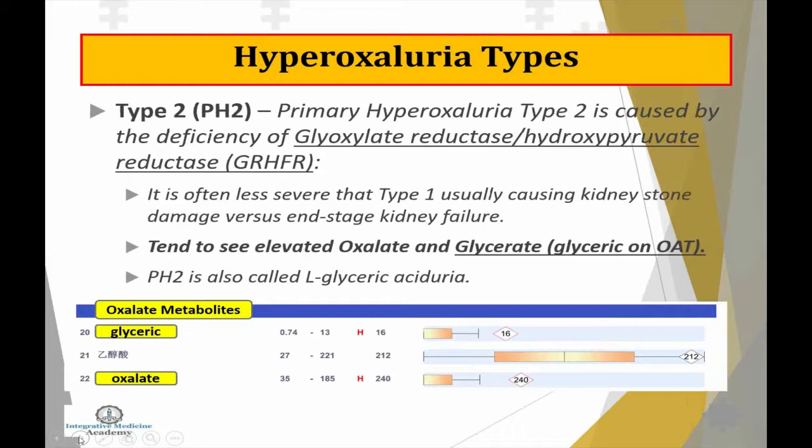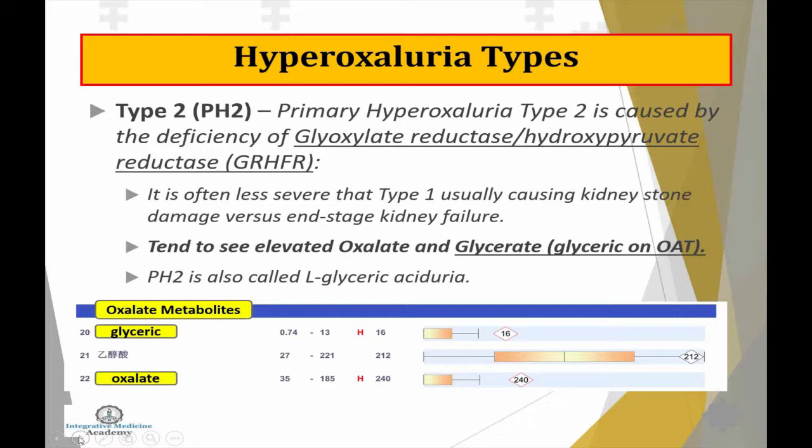What is typically seen on the organic acid test is an elevation of glyceric. Again, just because there's a high glyceric on the test doesn't mean that somebody has a genetic disease, but it does show that there's at least some weakness in that enzyme, maybe even just a little bit, that's compromising the function of oxalate metabolism.